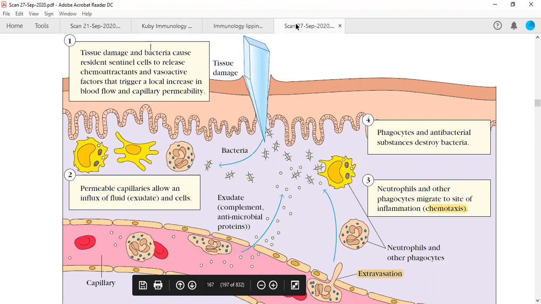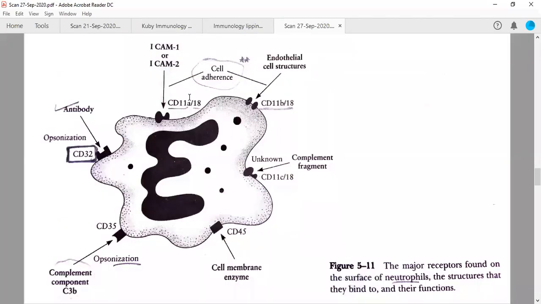Now, see this particular diagram. These molecules which are present over neutrophils, including CD11A and CD11B along with CD18, will help in cell adherence. They will help in extravasation, coming out of these cells from the blood capillaries.